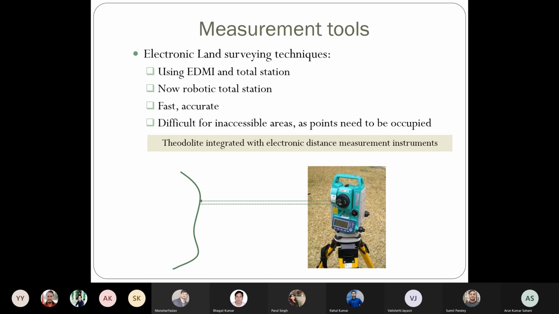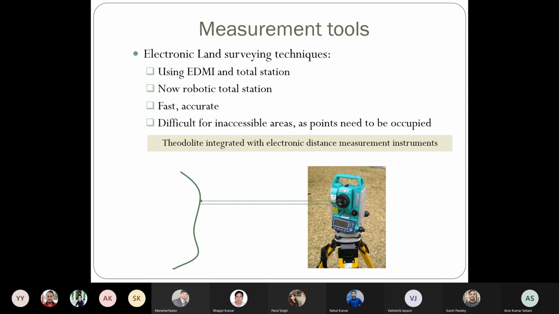So in this semester, I hope there will be some simulation, and there will be theoretical discussion on these instruments, how they are used for surveying and topographic mapping. Compared with the primitive techniques and other traditional methods, this electronic way of measurement is fast and accurate.